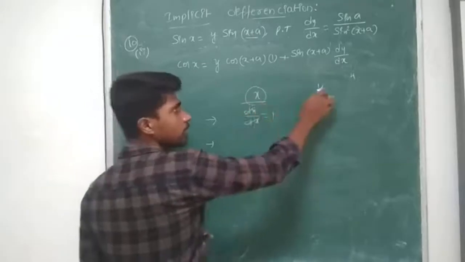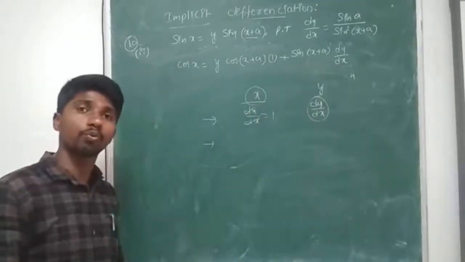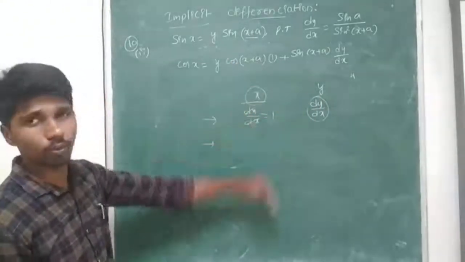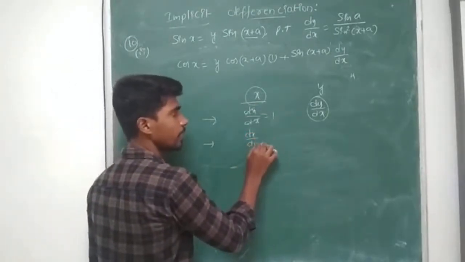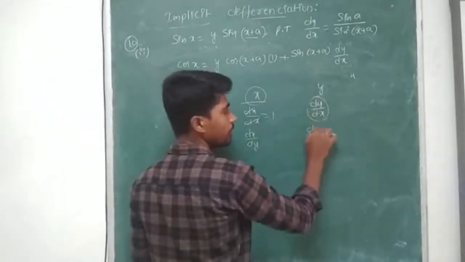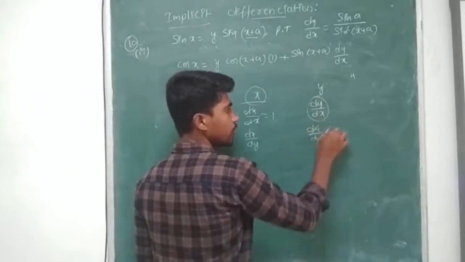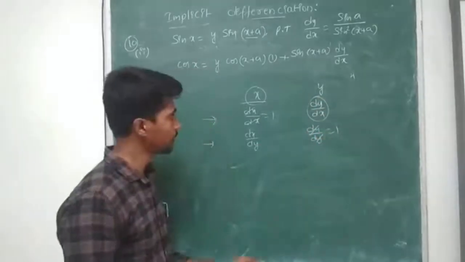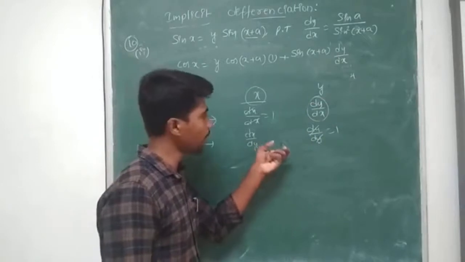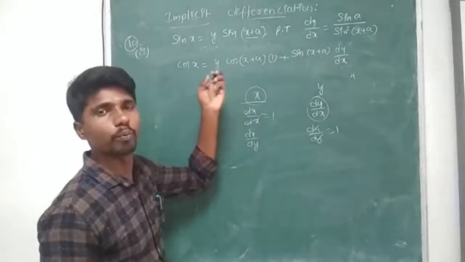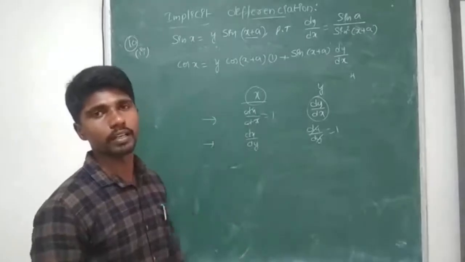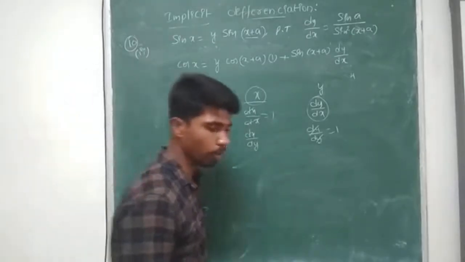Same, these two are differentiated with respect to y. So we have y in the denominator, then we get dx by dy, and here dy by dy, so in this particular case we get 1. If we have clarity in this, we can do many problems without any confusion. Okay, let me continue the problem.